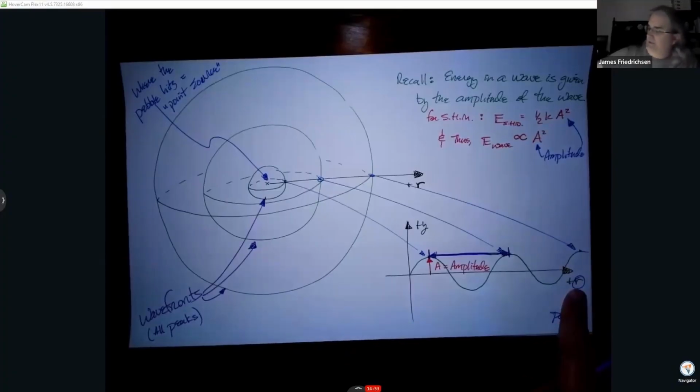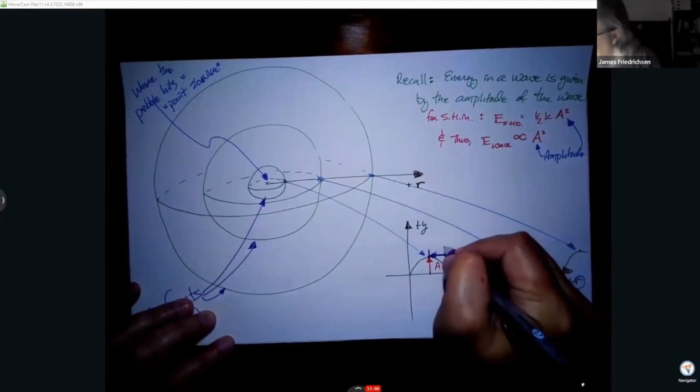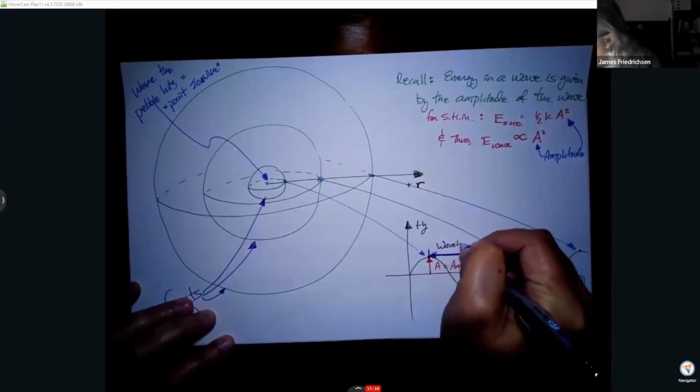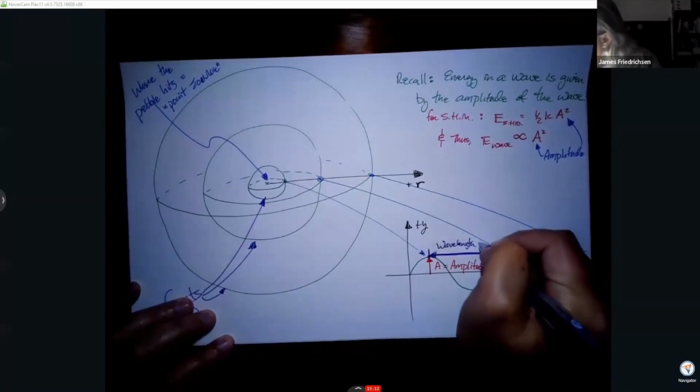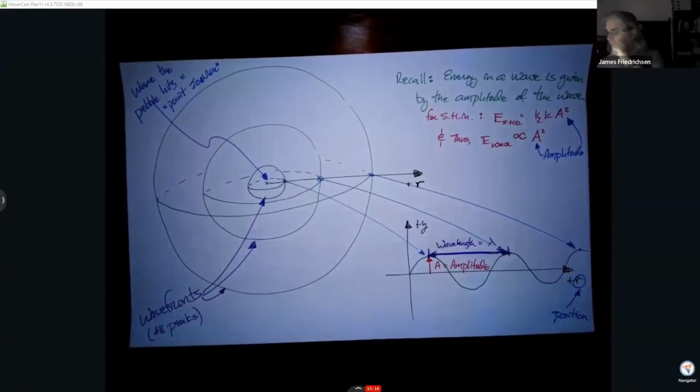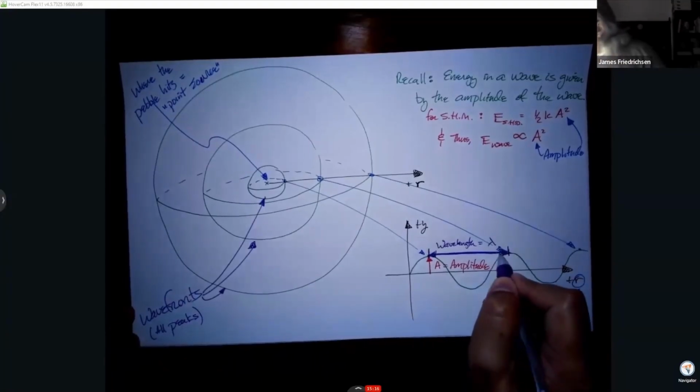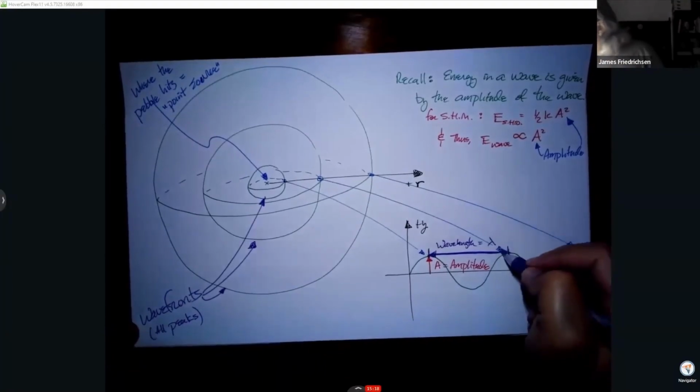Well, if this was plotted versus time, then the repeat in time is the period. But since this is plotted versus position, then that shortest repeat in position is our wavelength, lambda.